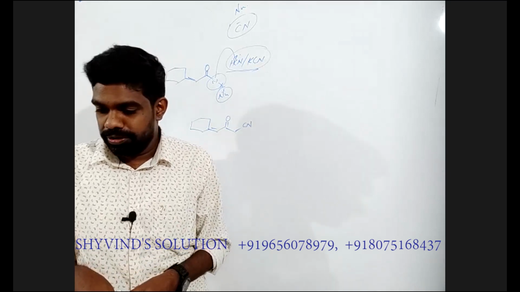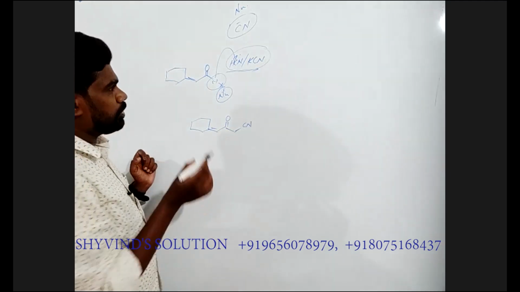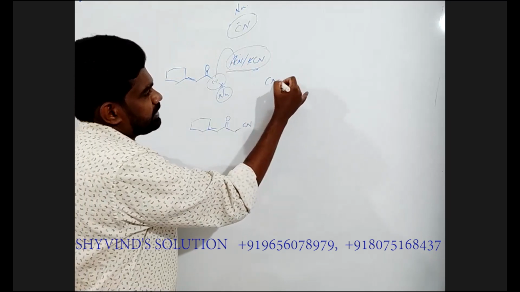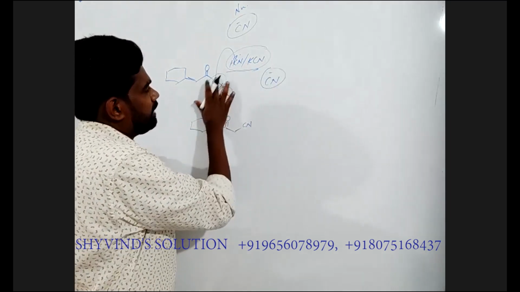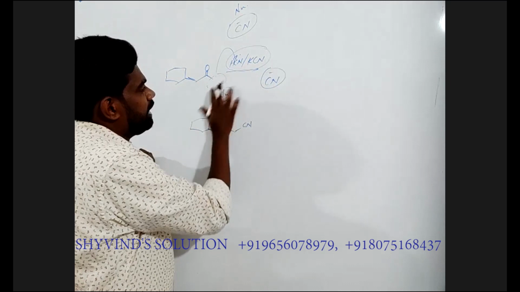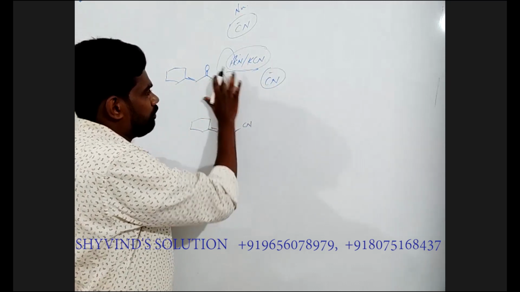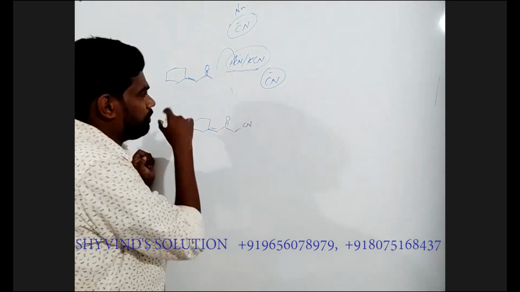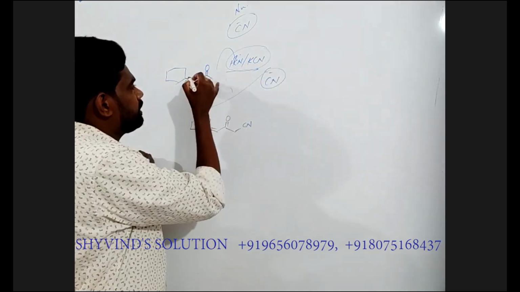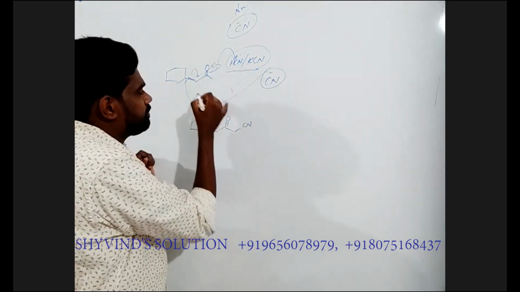Actually, this is an easy question. So what is the possible way? CN minus is the nucleophile, and this carbon can act as the electrophilic center. It can attack here, and this is the best possible way.